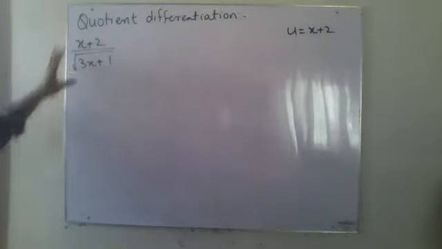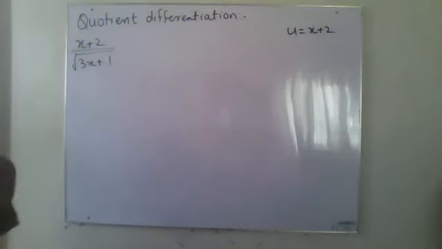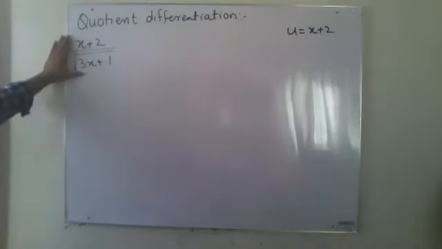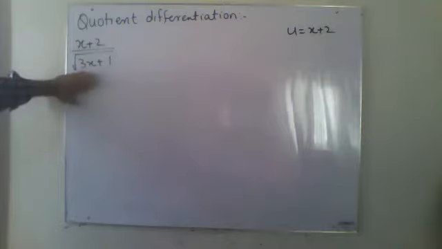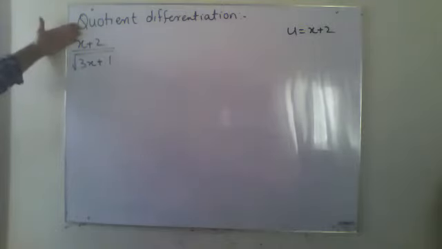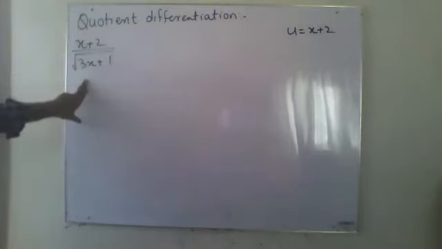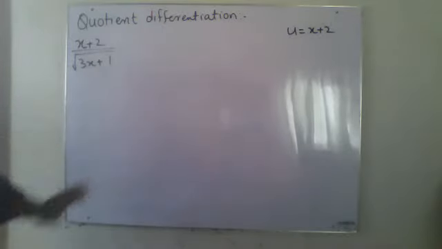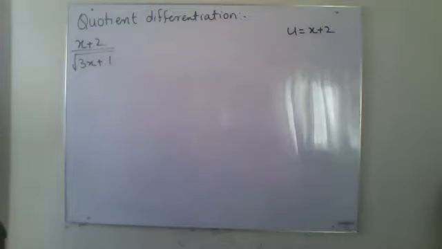People get confused when to use the quotient law and when to use the product law. So when you are not able to bring your denominator to the numerator or numerator to the denominator, because there are more than one term at both places, then you apply the u over v law.